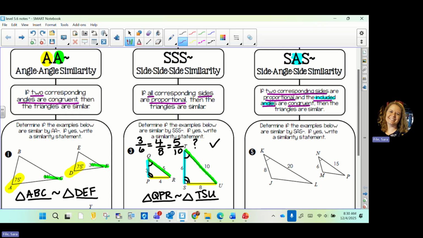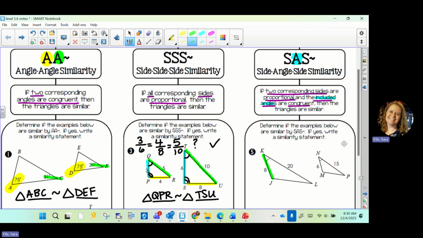Okay, so here in this image for number 5, the 2 sets of sides that are labeled would be 8 and 20. Would you think the 8 would correspond to the 6 or the 15? 8 is less than 20. So should I correspond it to the 6 or the 15?